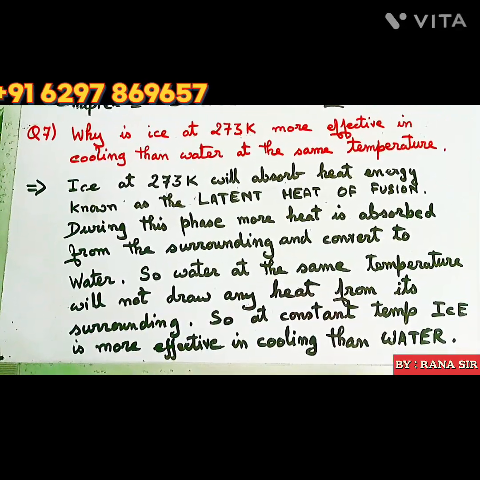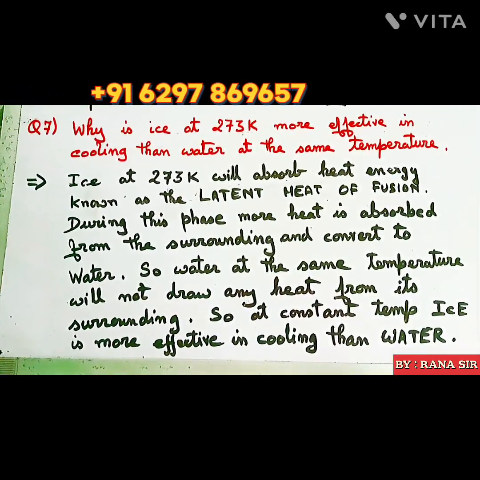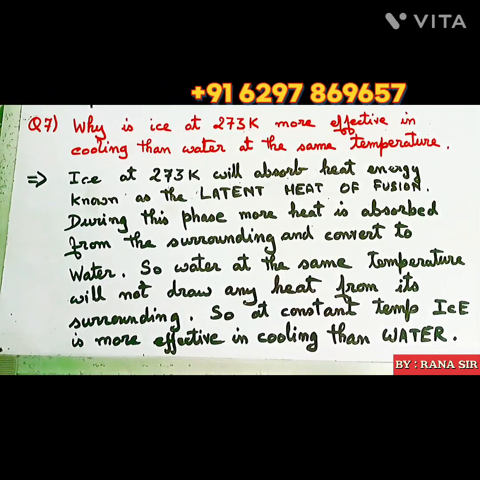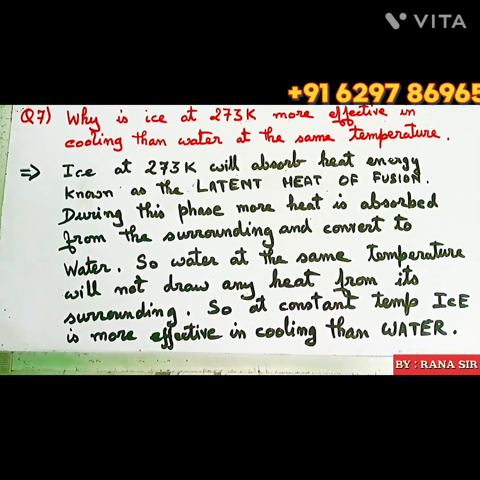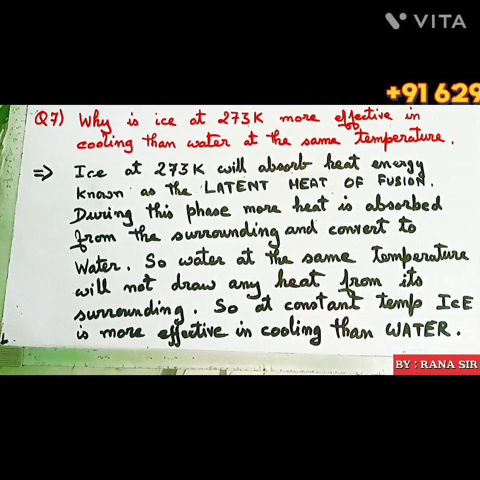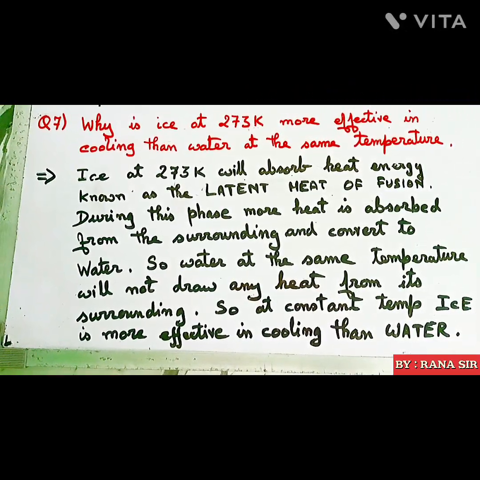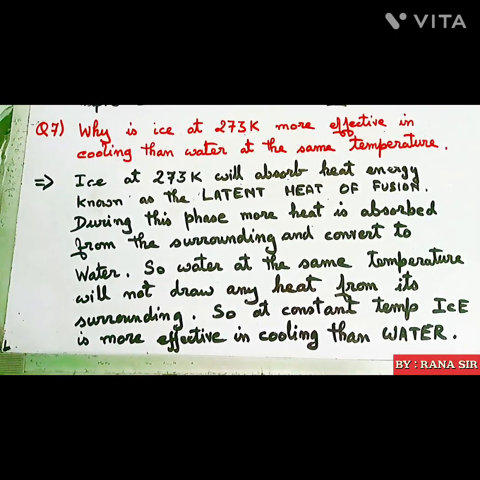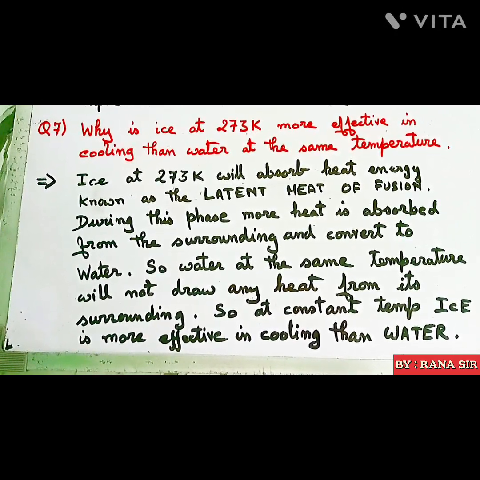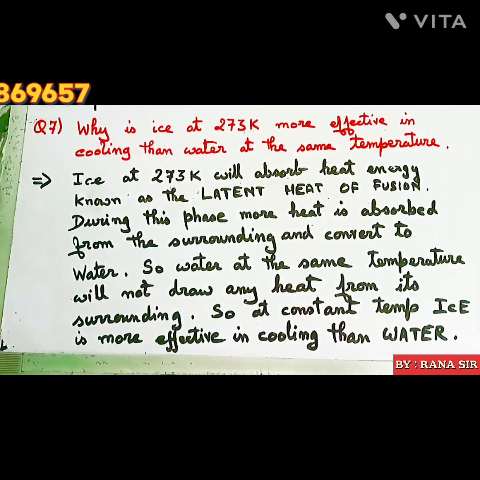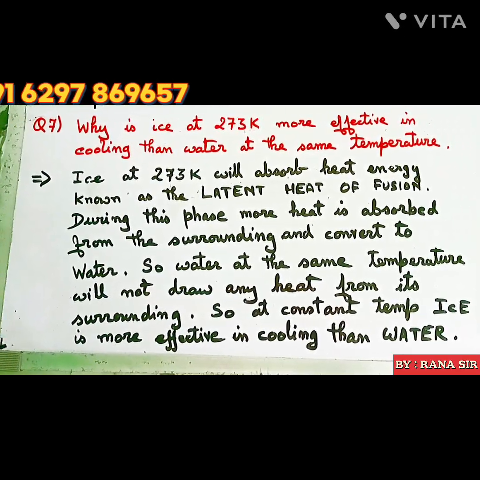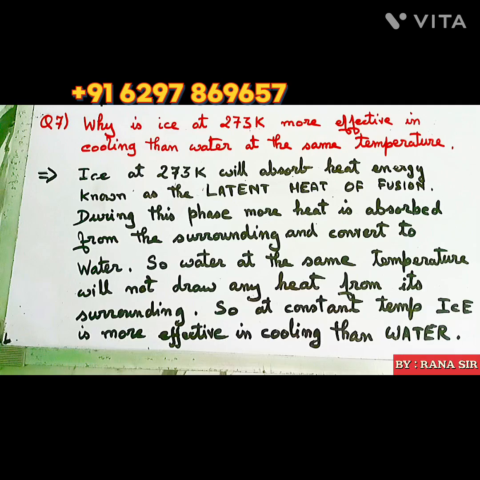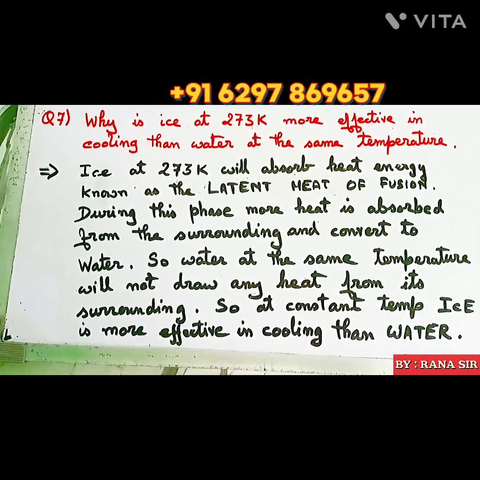So question number 7: why is ice at 273 Kelvin more effective in cooling than water at the same temperature? Temperature remaining the same, ice at 273 Kelvin is more effective in cooling than water. Answer: ice at 273 Kelvin will absorb heat energy known as latent heat of fusion.